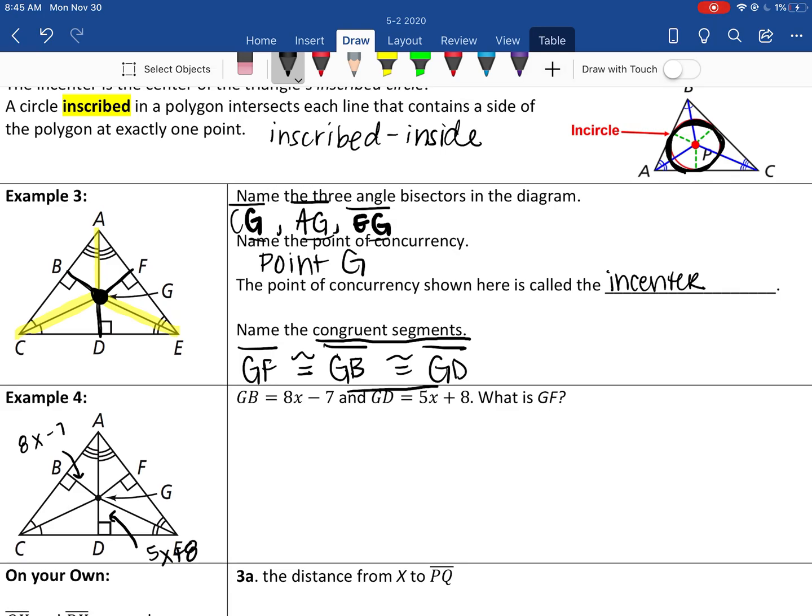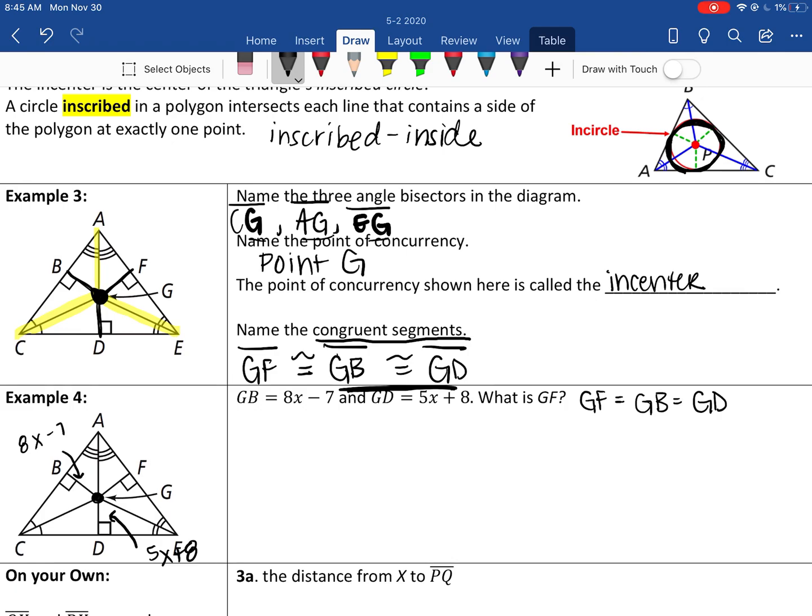Well, we just found that those two things are congruent to each other because they come from the incenter and go to the sides. So again, I know that GF is equal to GB, which is equal to GD.